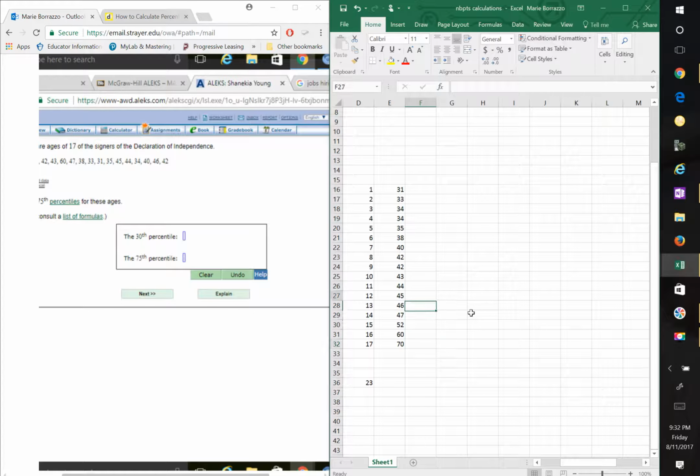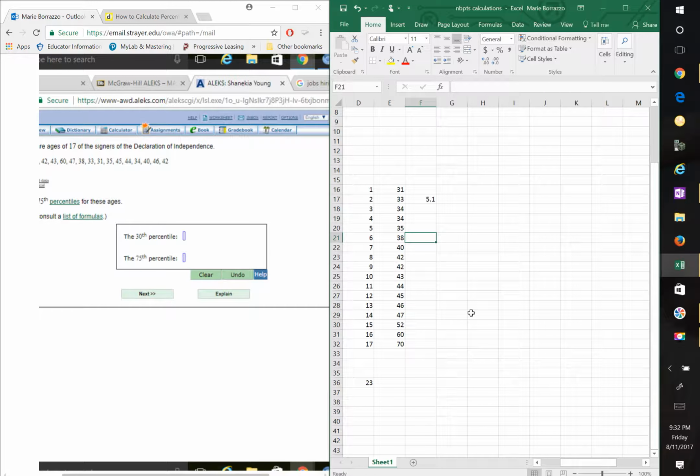So if I'm looking, for example, at the 30th percentile, I'm going to say equals 0.3 times 17. I'm going to get 5.1, which means that I'm going to round up to 6. Typically we round up, not down. And so that value should be 38.